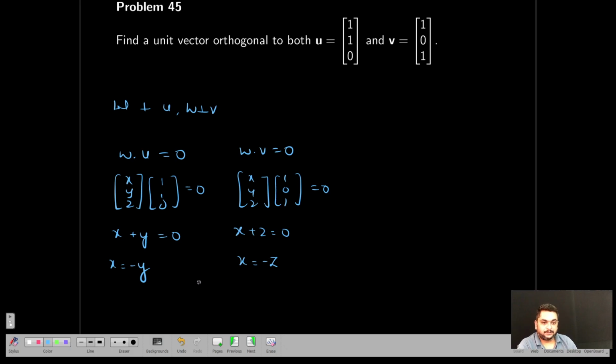So that means Z equals minus X. So this W is, let us say, X is 1, so Y is minus X and Z is minus X. So 1, minus 1, minus 1.